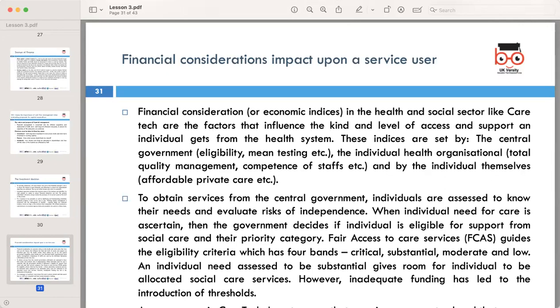These indicators are determined by the central government, individuals, health organizations, and the individuals themselves.